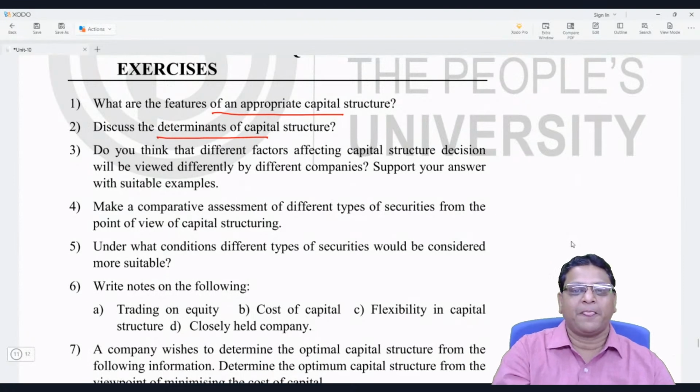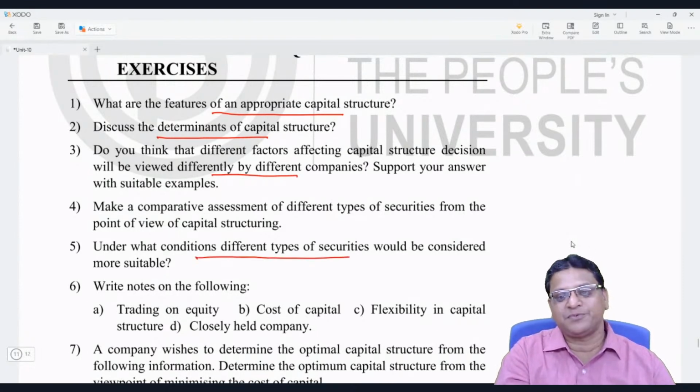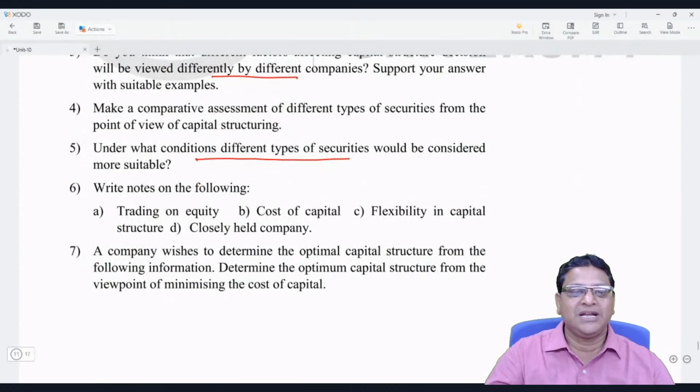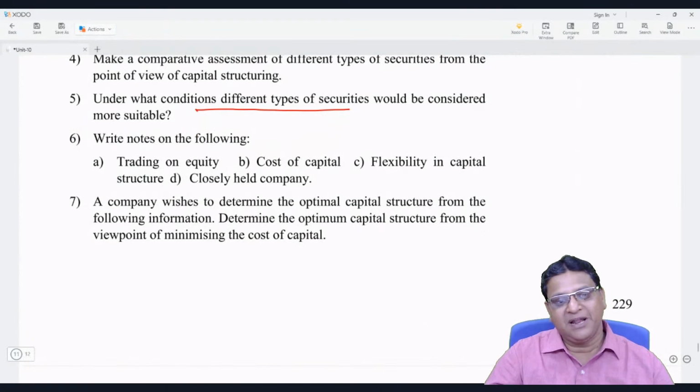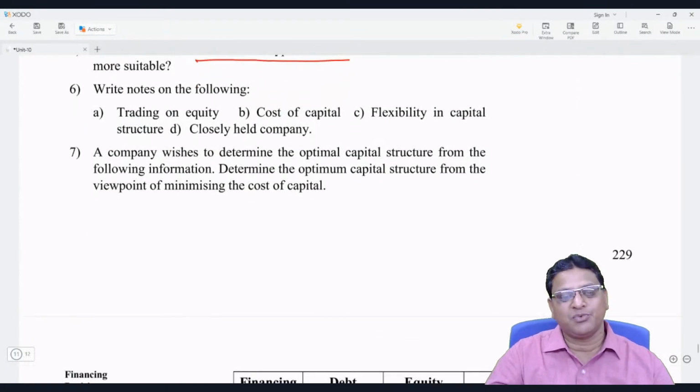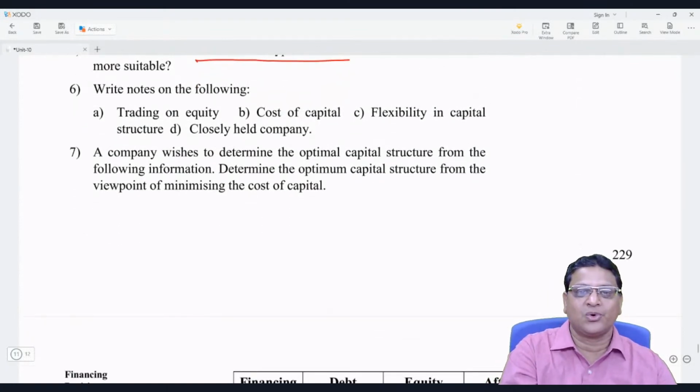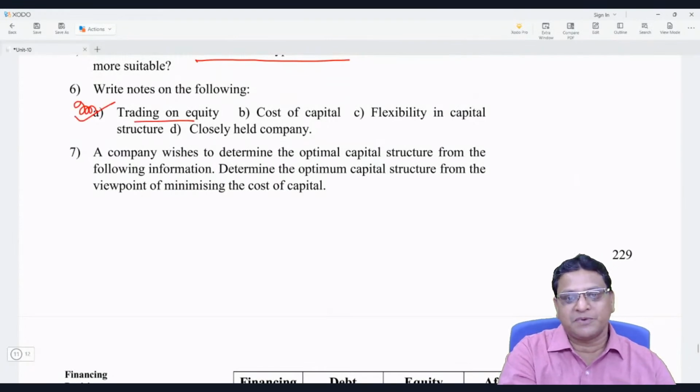Next, how you design the capital structure of a company. Next important question is, under what conditions different types of securities would be issued, and what is the suitability of debt capital and equity capital. And some short notes are there, that is trading on equity, it is an important question. Cost of capital, it is an important question.